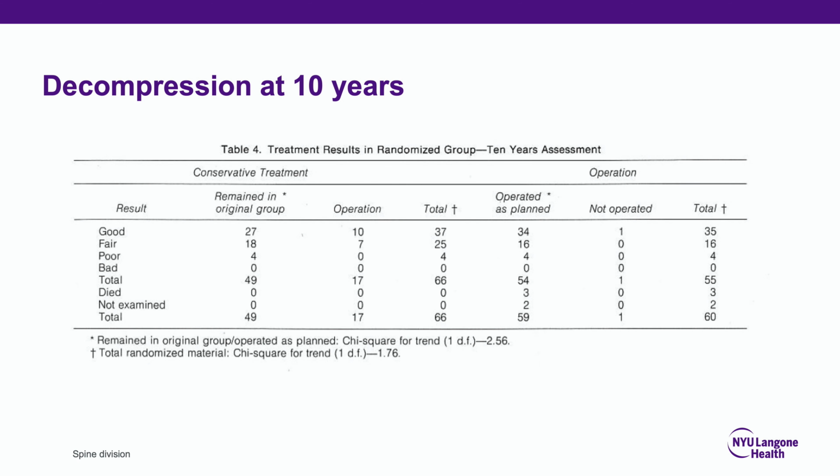When we talk about operative treatment for lumbar disc herniation and radiculopathy, the literature goes way back. This is 1983, Dr. Weber in his study in volume 8 of Spine, and he described in his study 126 patients who were randomized to surgical and non-surgical treatment.